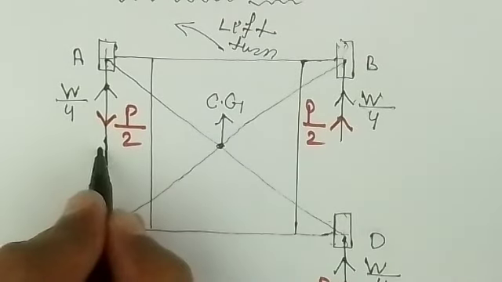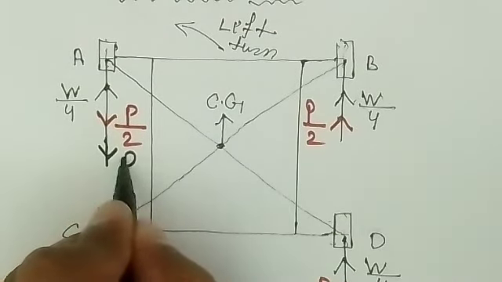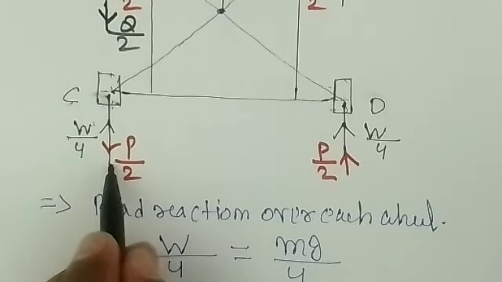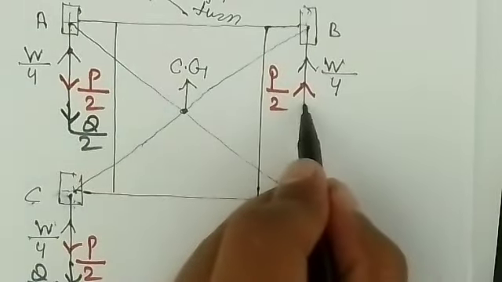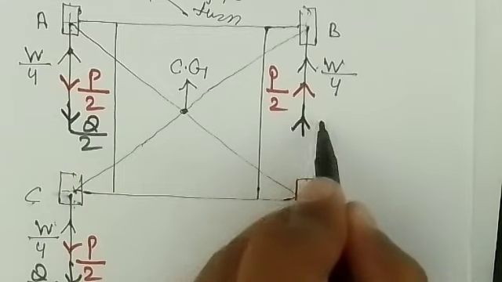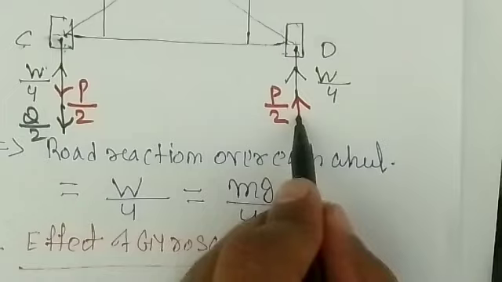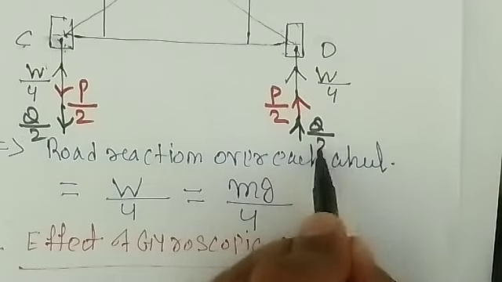So Q by 2 will be downward on the inner wheel, on this wheel also downward only, right? But on the outer wheel it will be upward, that is Q by 2, and here also you have Q by 2, right?